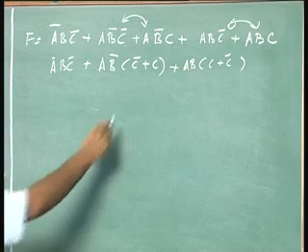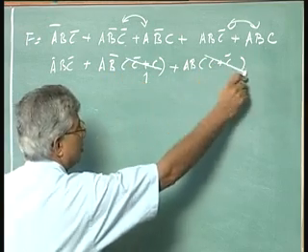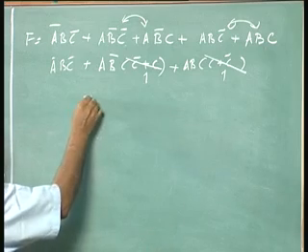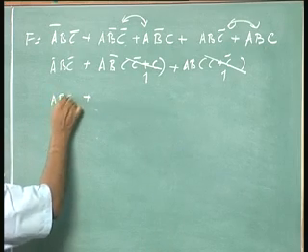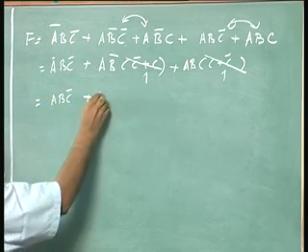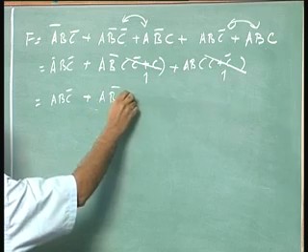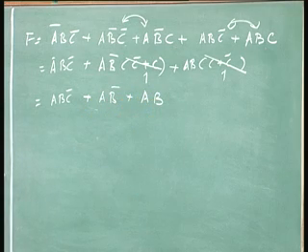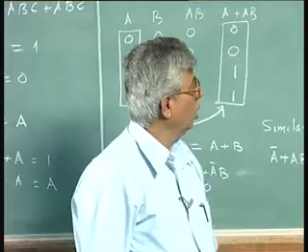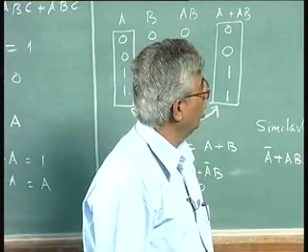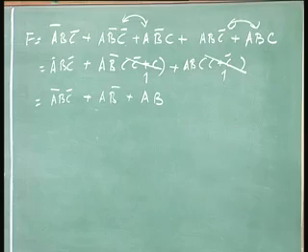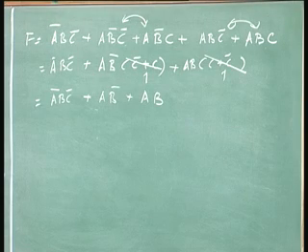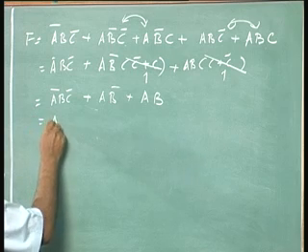So, knock off this, c plus c bar is 1, knock off this, c plus c bar is 1. So, this becomes, there you go. Now, again I am going to use the same identity.